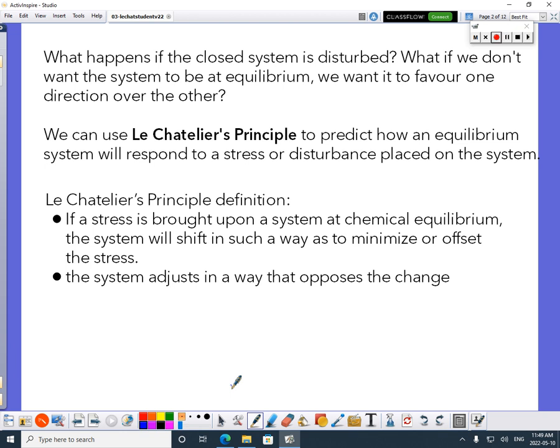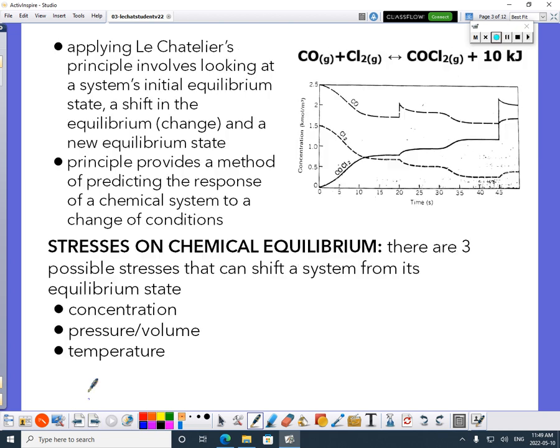The system is going to adjust in order to oppose the change and reestablish equilibrium. So if you stay up all night, what does your body want to do? Sleep, right? It's the opposite of staying up all night. The same sort of thing can happen in a chemical system if equilibrium is possible.